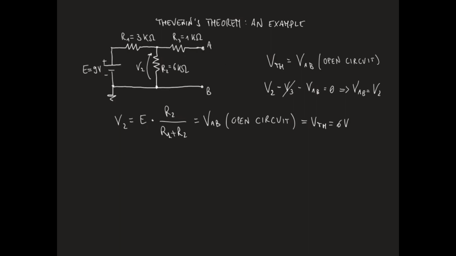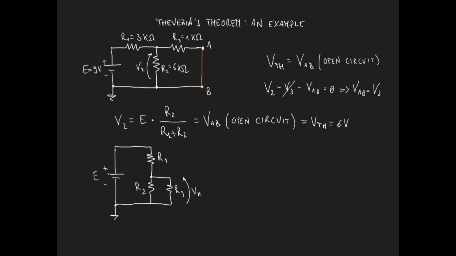Now, to find the value of the Thevenin resistance RTH, we need first to find the short circuit current between nodes A and B. Note that now, with the short circuit in place, resistors R2 and R3 are in parallel, so the voltage across R2 is the same as the voltage across R3. Let us compute the voltage across R2 and R3, which we call Vx.